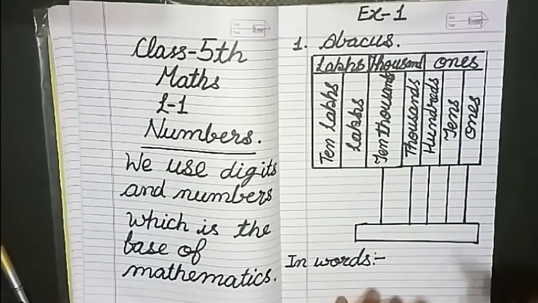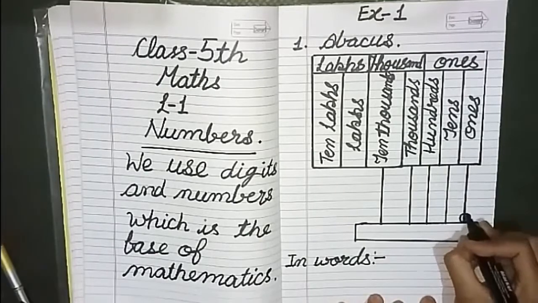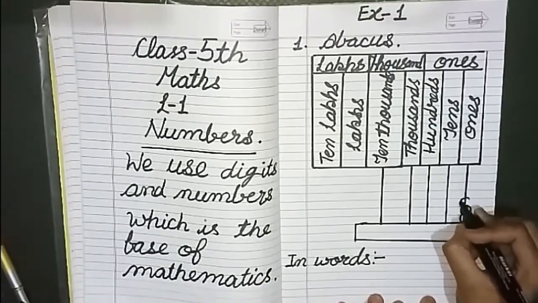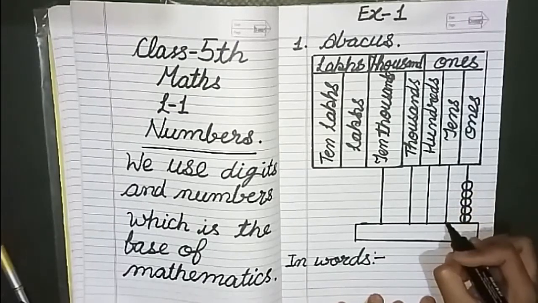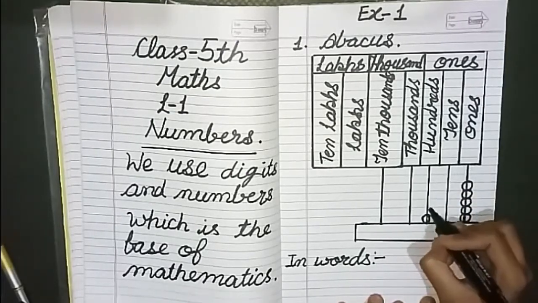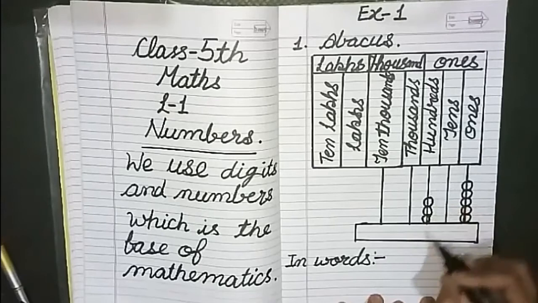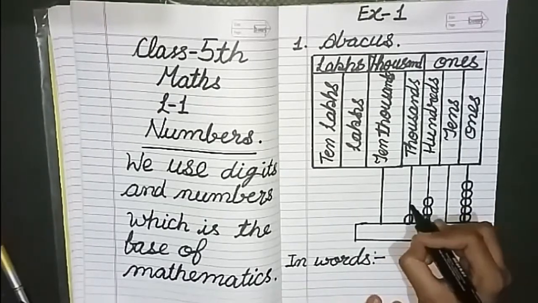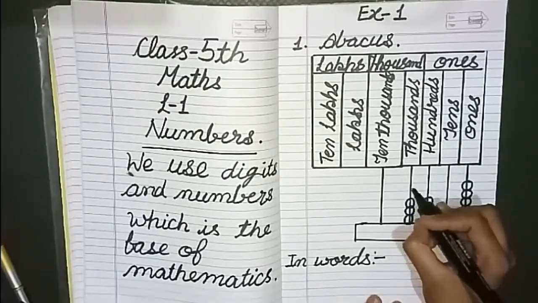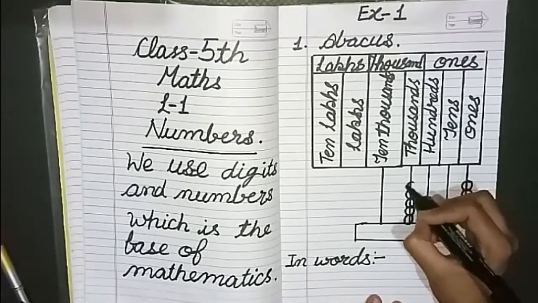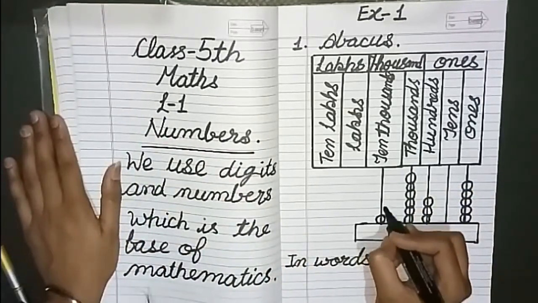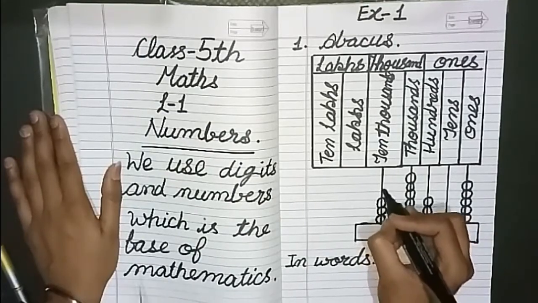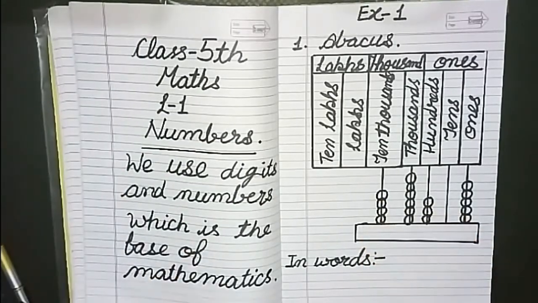First rod has 1, 2, 3, 4, 5 beads, and second rod has no bead. Third has 1, 2, 3 beads. Fourth has 1, 2, 3, 4, 5, 6 beads, and the fifth one has 1, 2, 3, 4 beads, right?